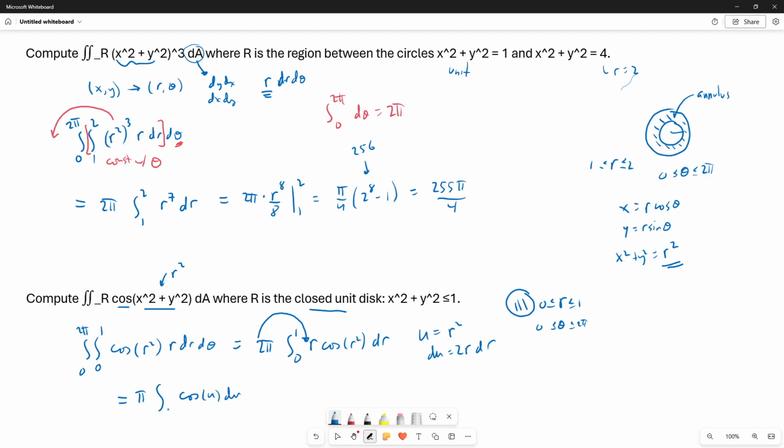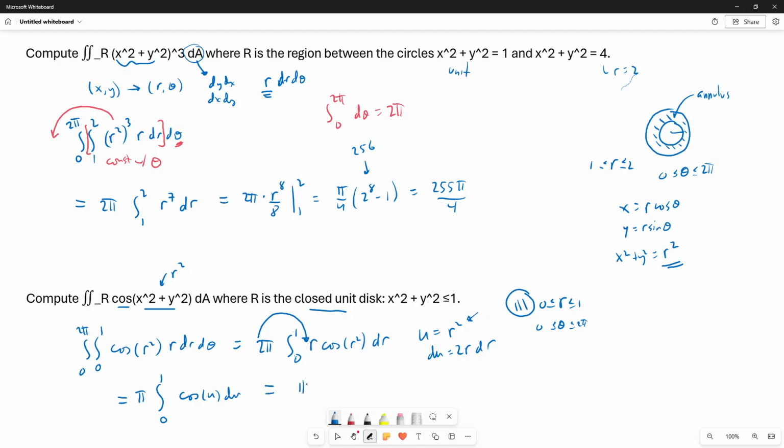Now, when r is 0, u is 0, and when r is 1, u is 1, because u is r². So we did have to change these values 0 and 1 from r values into u values, but with the transformation u equals r², they still stay 0 and 1.